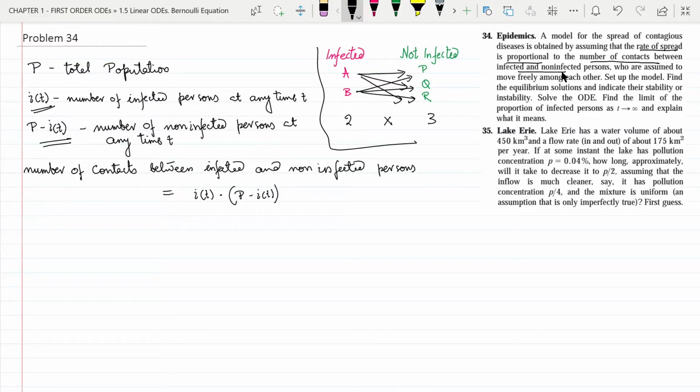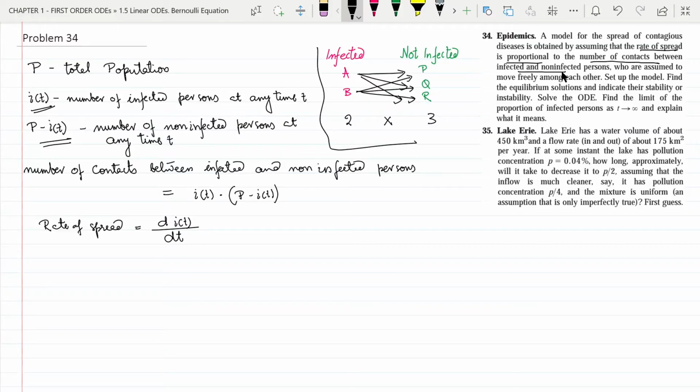So what do we mean by rate of spread? Now rate of spread is same as the rate of increase of infected persons. So rate of spread is equal to dI by dt. So now that we have established this much, let us formulate the differential equation.